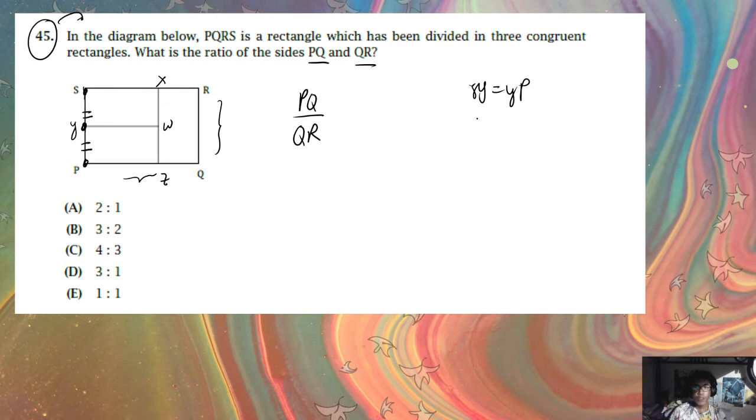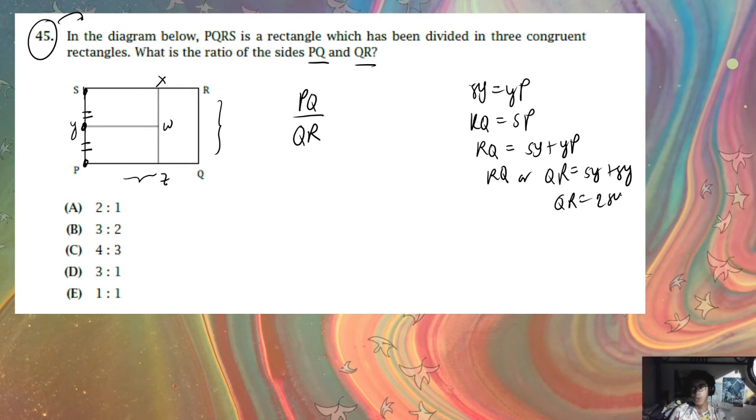If both of these lines are congruent, and we know that RQ is congruent to SP, therefore we can say that RQ is equal to SY plus YP. But since SY is congruent to YP, QR is equal to SY plus SY, which gives us QR equal to 2SY.